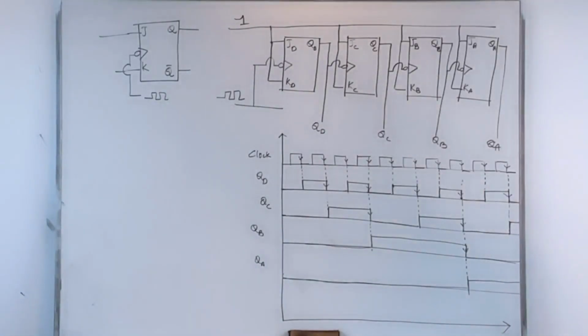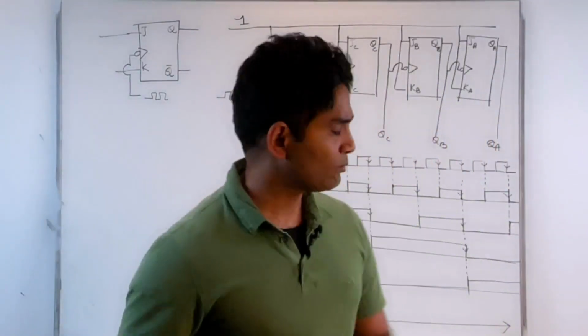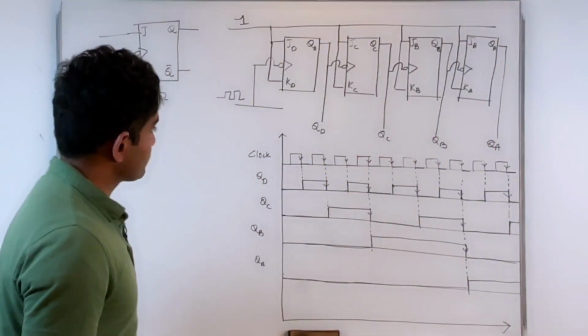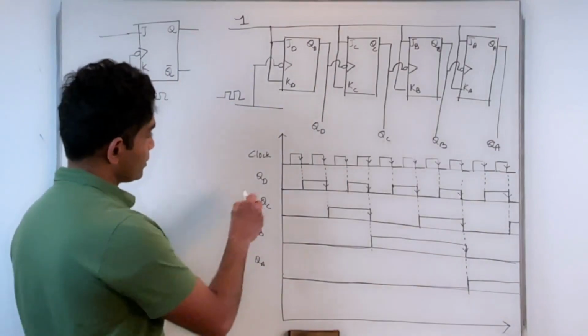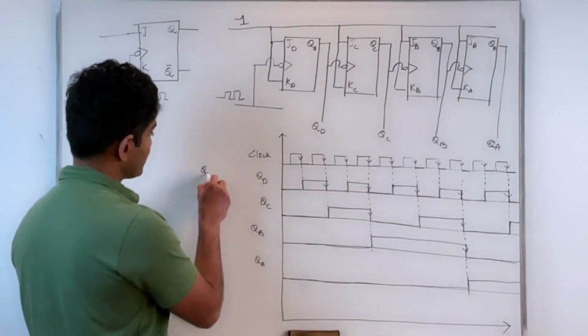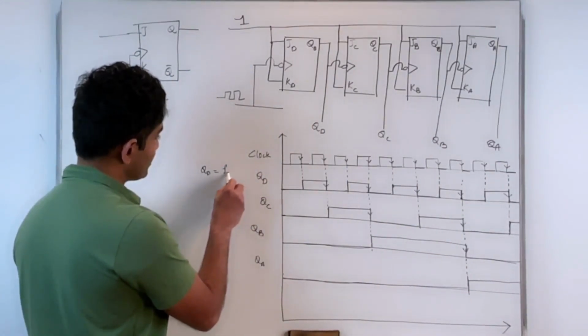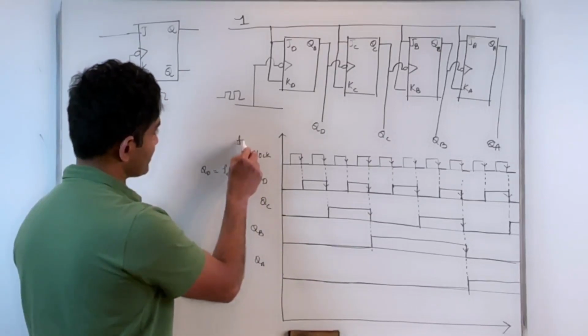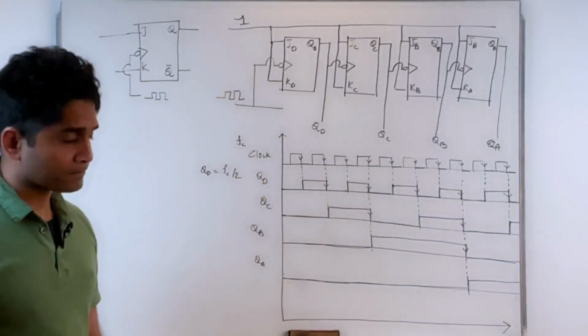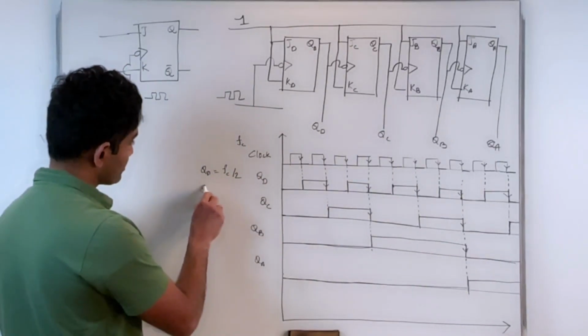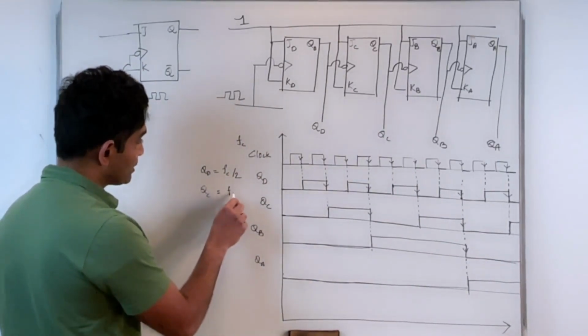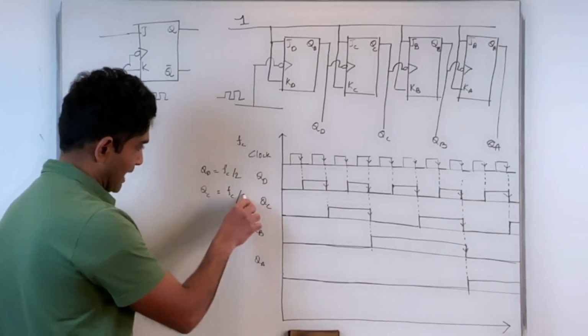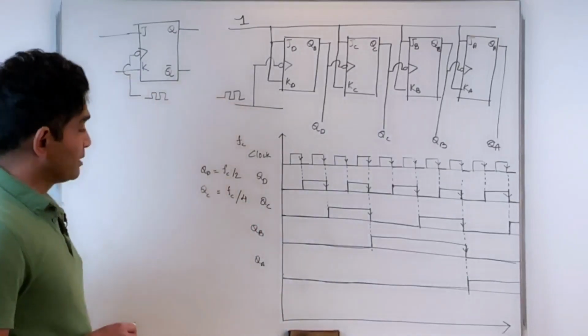So what can I gain from this information, right? What do I really get? Now, in terms of frequencies, we already know my QD is toggling at a frequency FC over 2. If this is FC, that's FC over 2. QC, with respect to the master clock, what is the frequency? Halved again, that means FC over 4.